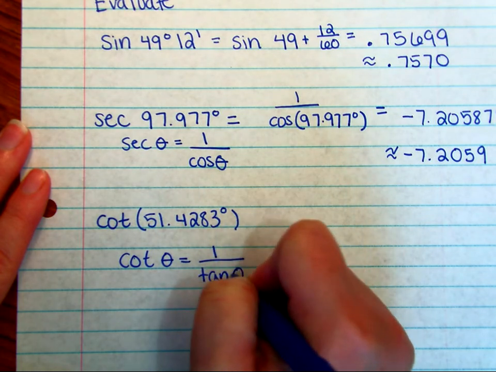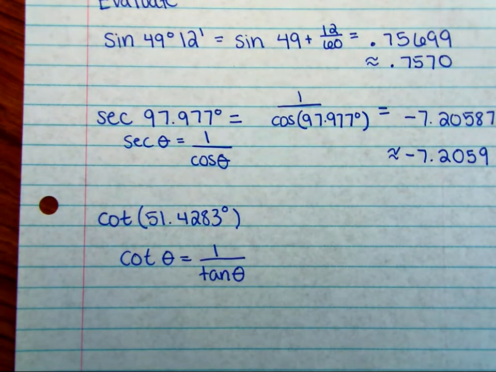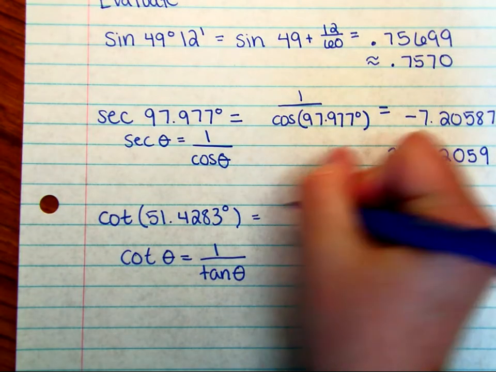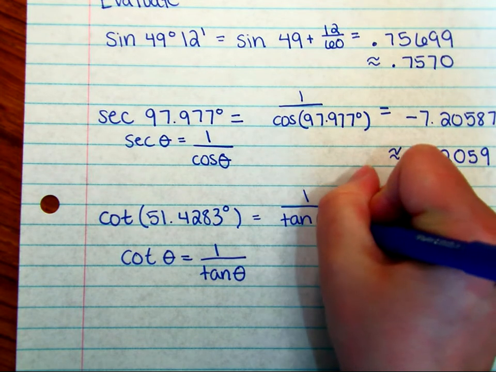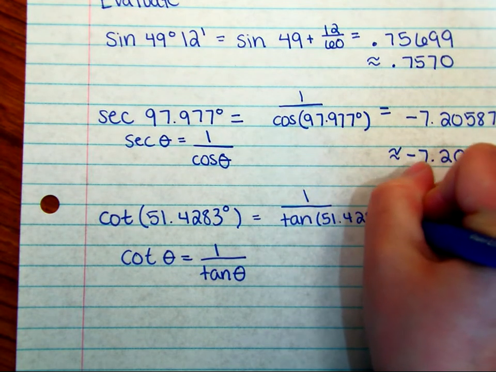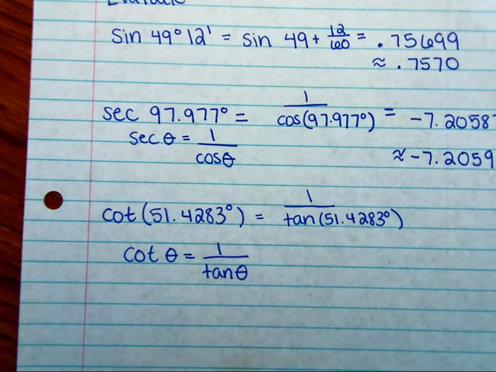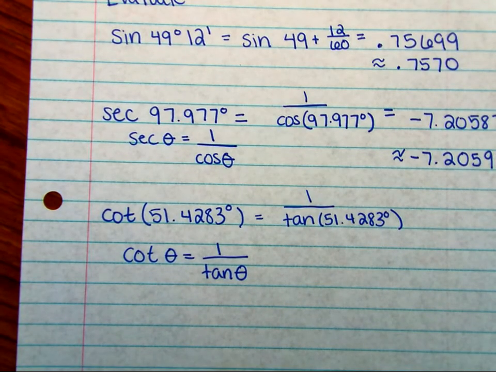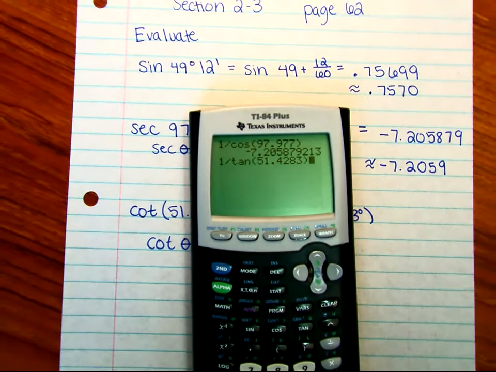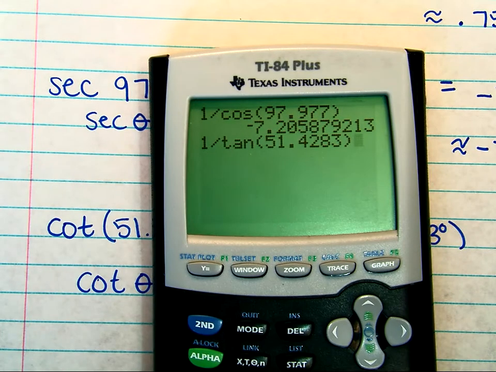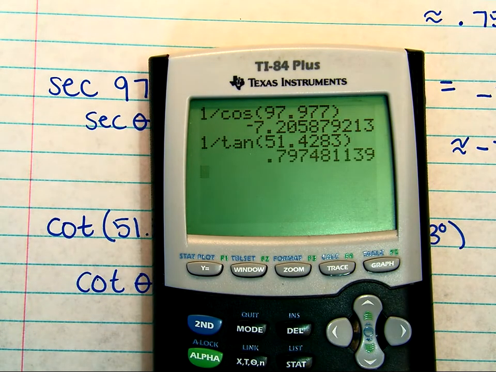Remember that cotangent of theta is the same as 1 over tangent. So this is really going to be 1 divided by the tangent of 51.4283 degrees. I'm going to do that quickly off screen. 1 divided by the tangent, 51.4283. I want you to also notice on both of these things that I've typed into my calculator, if I zoom in, notice both of those things, I have 2 parentheses.